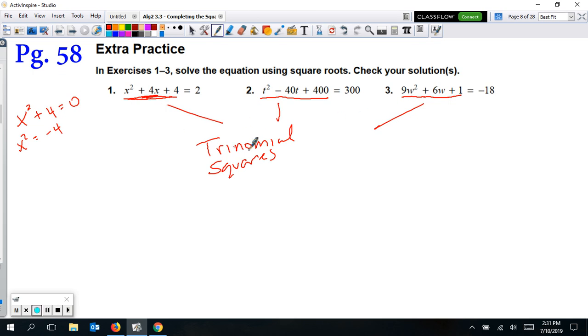You don't want to mess with what's underneath them, because we're going to solve these in a second. But we need to realize these are special trinomials.